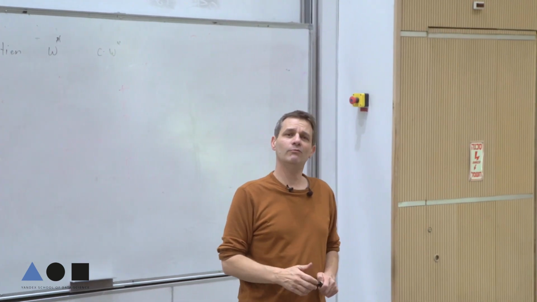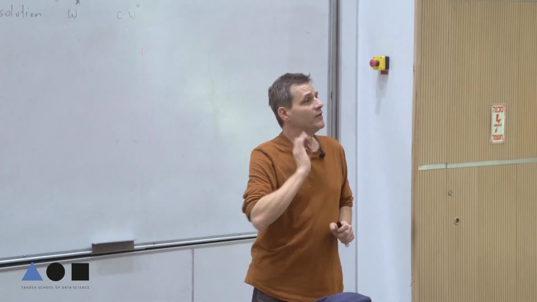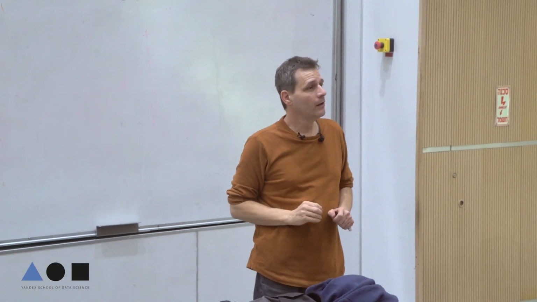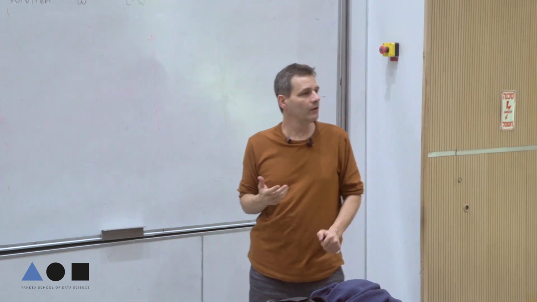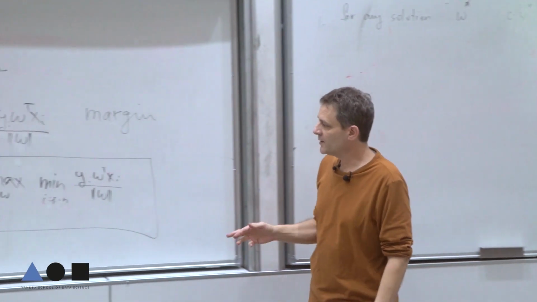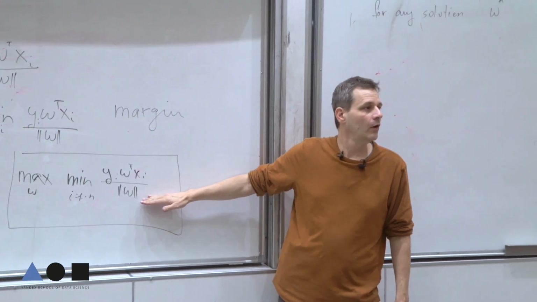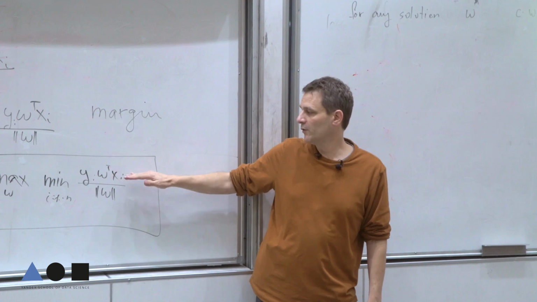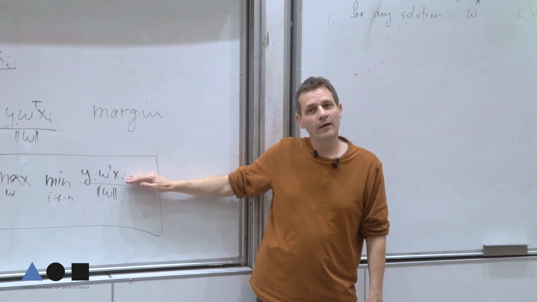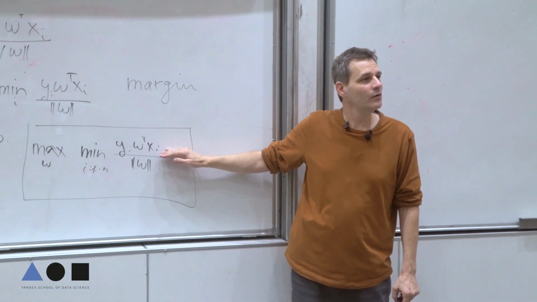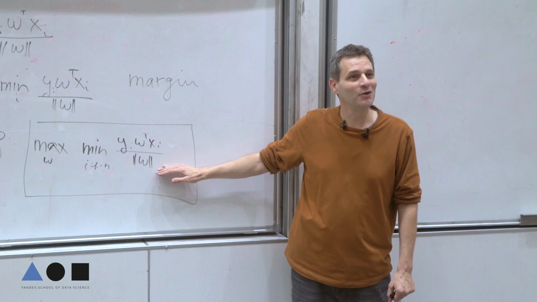And so let's not do that. Let's choose one member of this family. Okay? To choose one member of the family, you can decide to fix the denominator, or you can decide to fix the numerator. It's a bit more intuitive to fix the denominator, let's say norm of 1, but we're not going to do that.